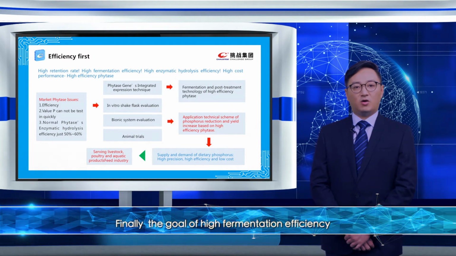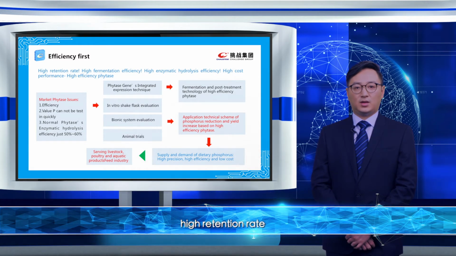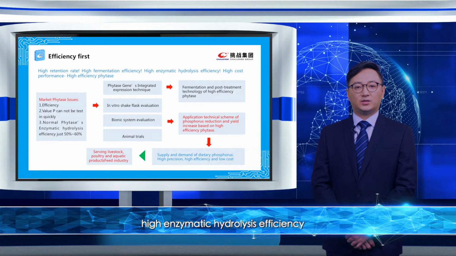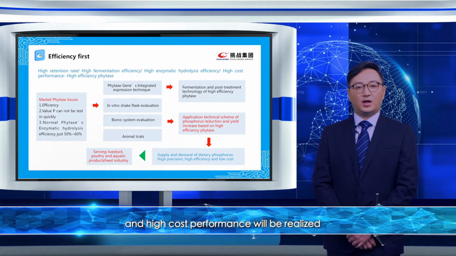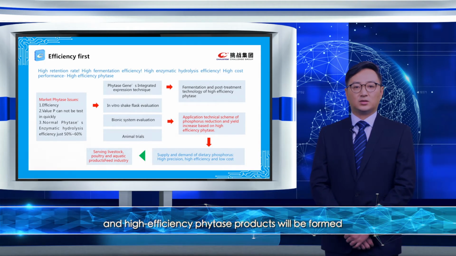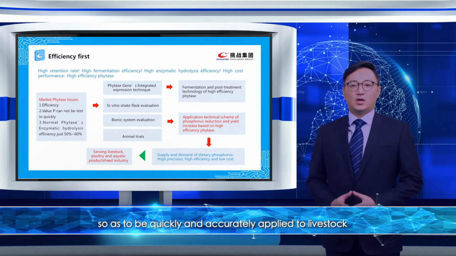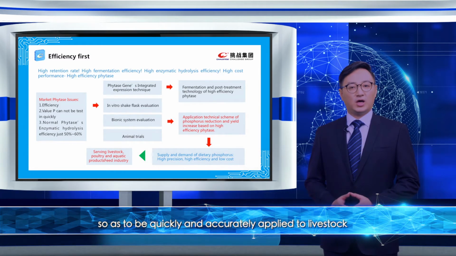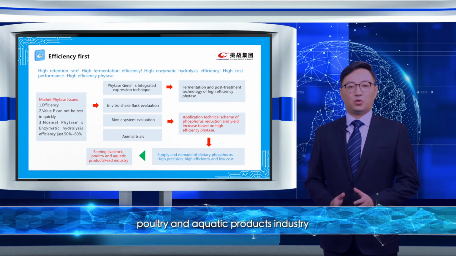Finally, the goal of high fermentation efficiency, high retention rate, high enzymatic hydrolysis efficiency, and high cost performance will be realized, and high efficiency phytase products will be formed so as to be quickly and accurately applied to the livestock, poultry, and aquaculture industry.